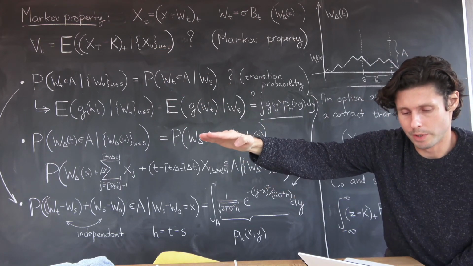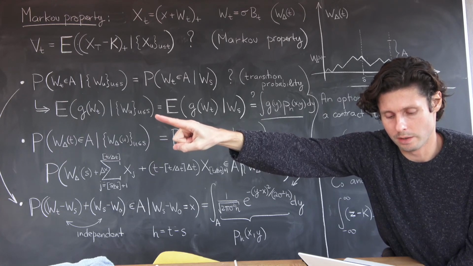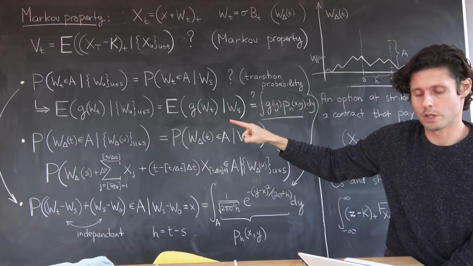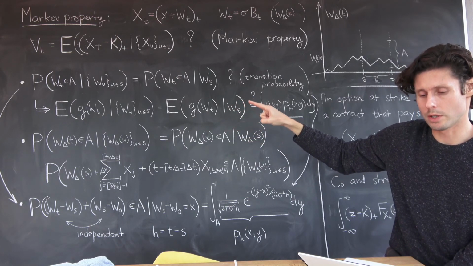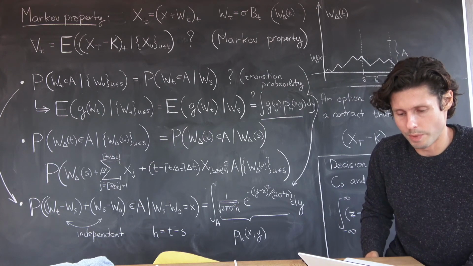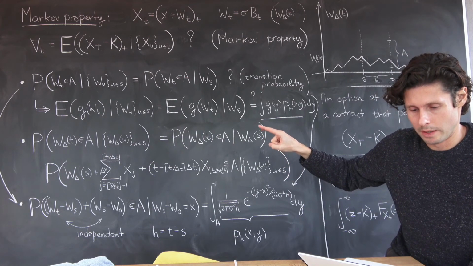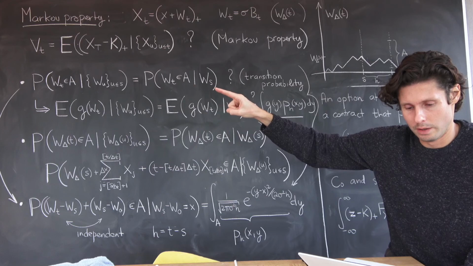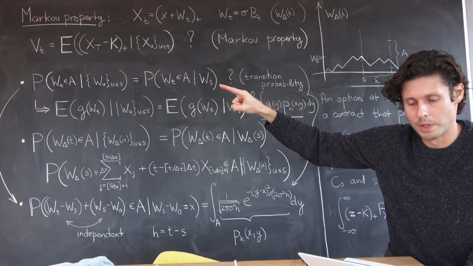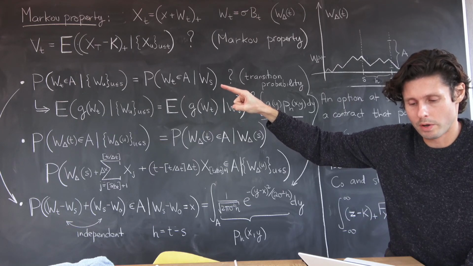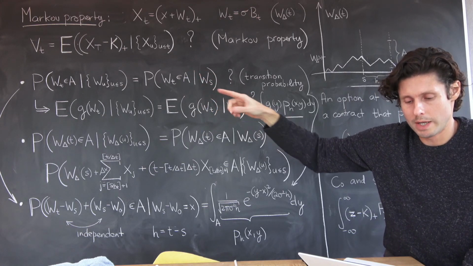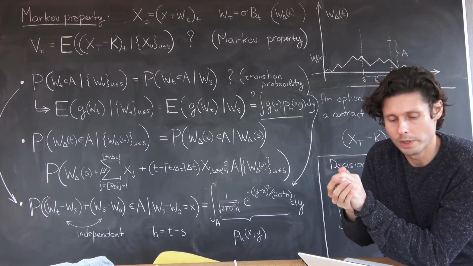And if this statement is true, meaning that we can actually replace this conditioning by conditioning only on the very last observation of the Brownian motion, then we're in much better shape. This is the statement of what it means for the Brownian motion to have the Markov property, and the probability on the right is basically the transition probability of that process.